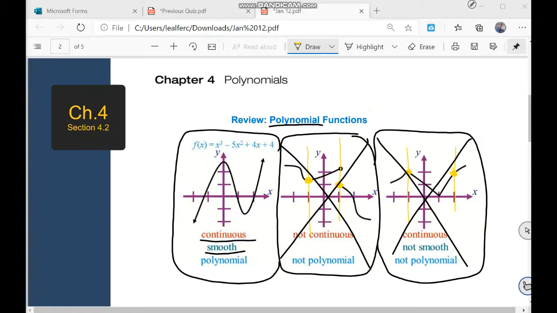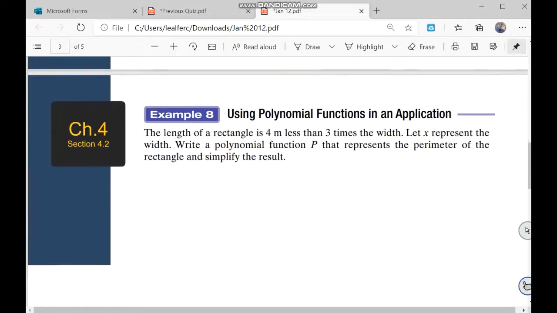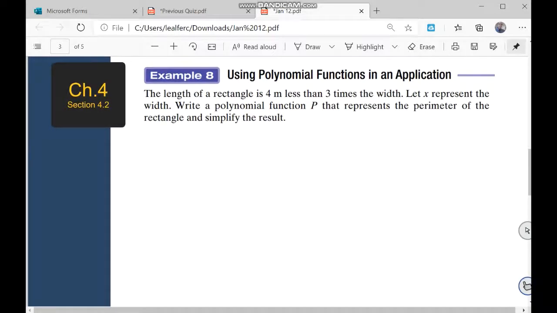Moving on, this is a quick review about functions, about yesterday, and let me clear this up. Now we will work on an example. Today, let's see some applications of polynomial functions.